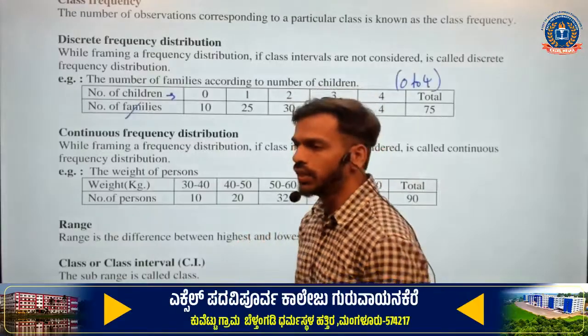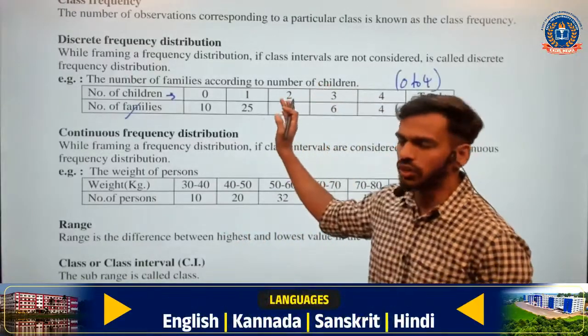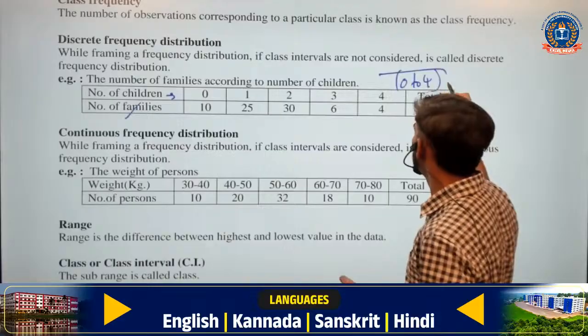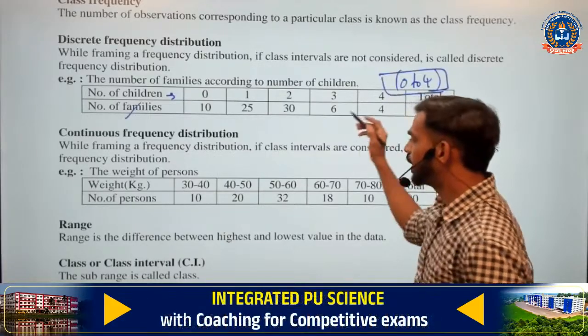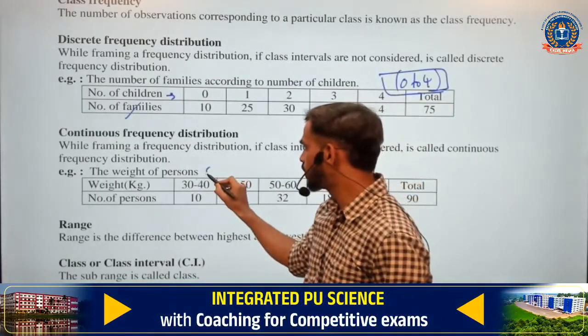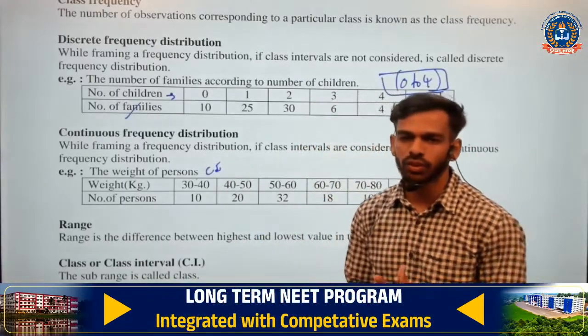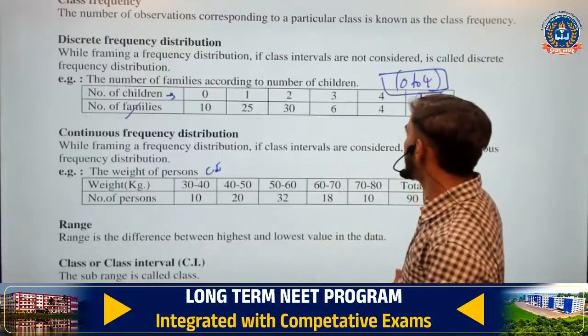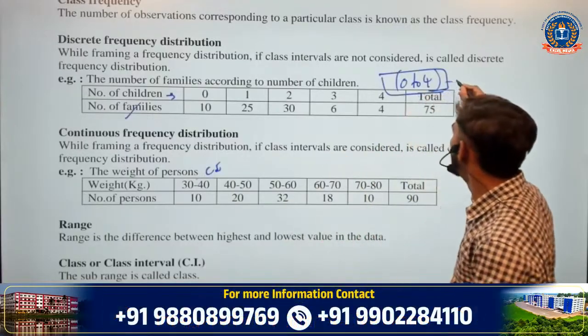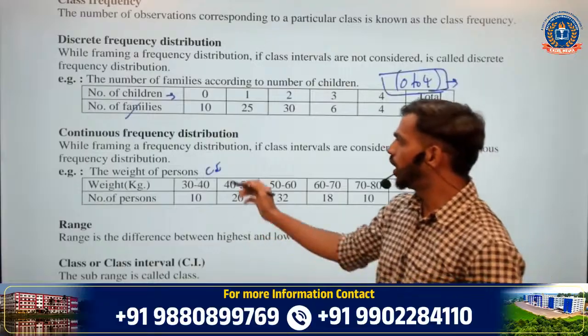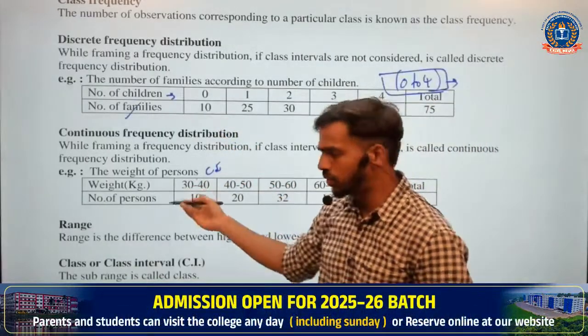When we have such a nature and the range of the data is very small, we cannot construct class intervals.